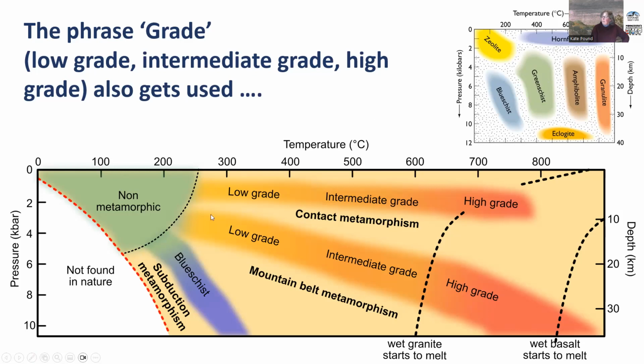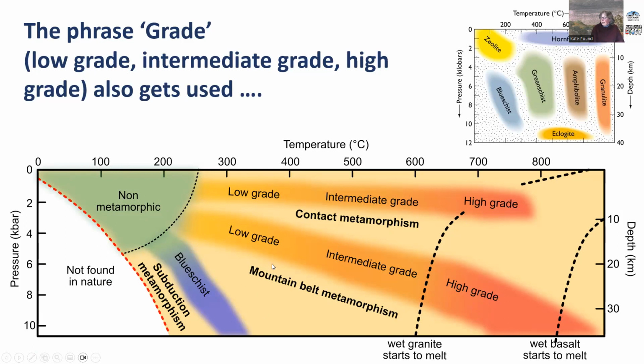So here, what we've got is a diagram that captures what gets called low grade, intermediate grade, and high grade metamorphism. So rocks that aren't really metamorphic, and then blue schists are in a class of their own, really.